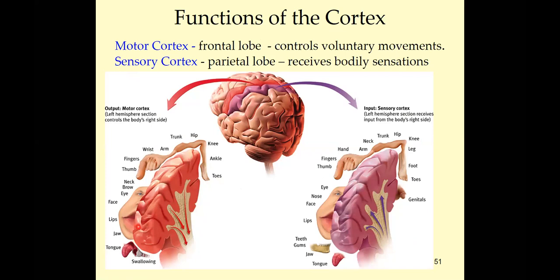Now, what you'll also notice, and by the way, you don't have these body parts in your head. I thought that when I took psychology first, and I was freaked out for a few weeks. Then I found out, no, what this actually indicates is what area of the body is controlled by what area of the motor cortex. But notice a tremendous amount of that motor cortex is devoted to controlling the muscles of the face and lips and jaw, the hand and fingers, not so much to controlling, say, the hip or the arm. And you say, well, why is that so out of proportion?